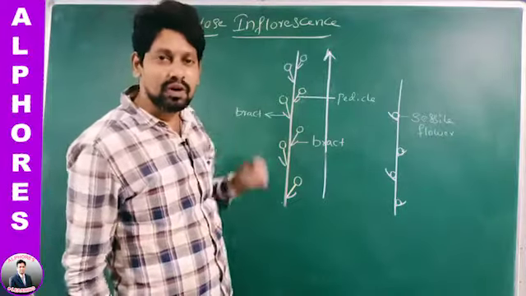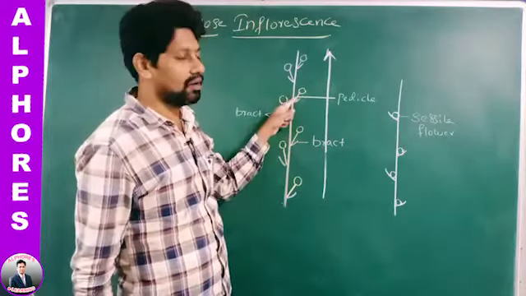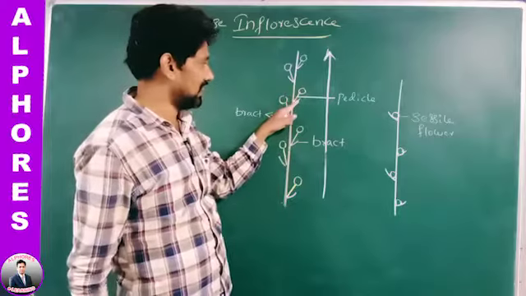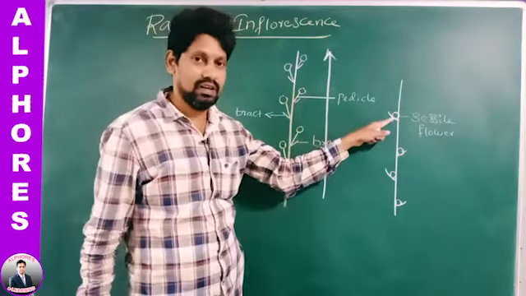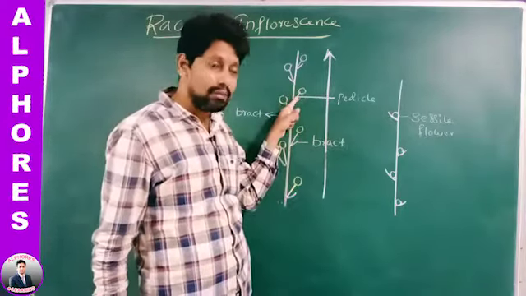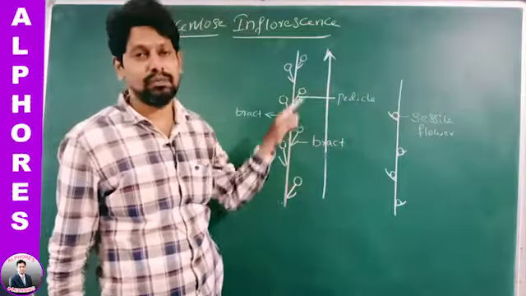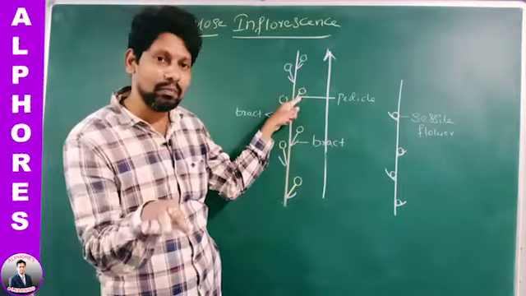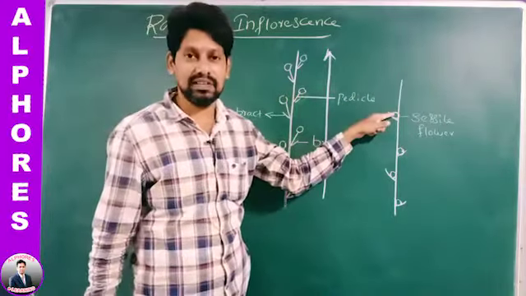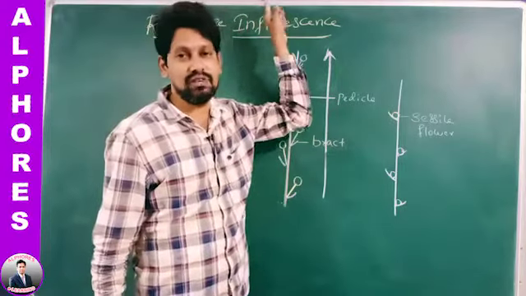Therefore, in racemose inflorescence, flowers are bracteate, with bracts. But the flower may be either pedicellate or sessile. It means a flower may contain a pedicel or may not contain a pedicel.